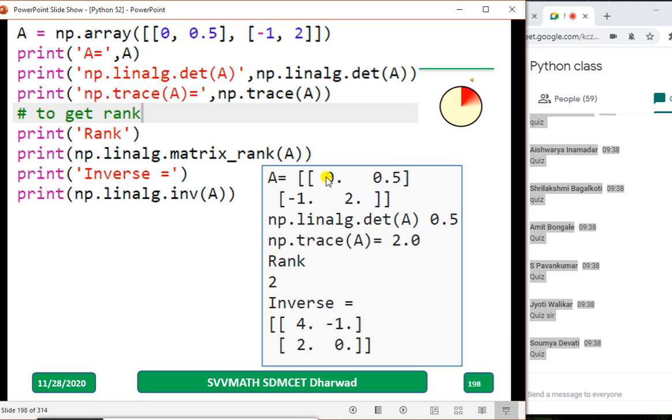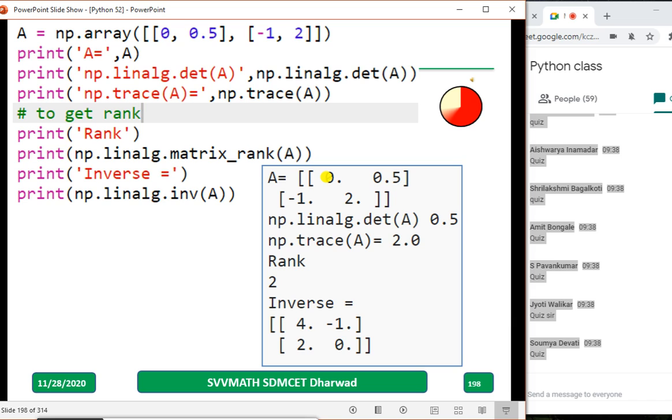So take 2 minutes and copy down this program so that you can execute it and understand how the function can be used and what the function does. By name itself you will come to know. And if you don't know what the determinant or the trace is, I tried my level best to give the idea.